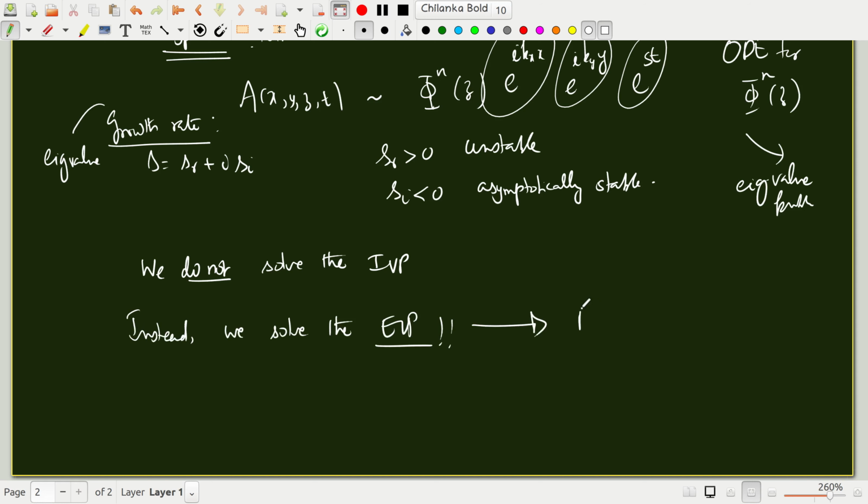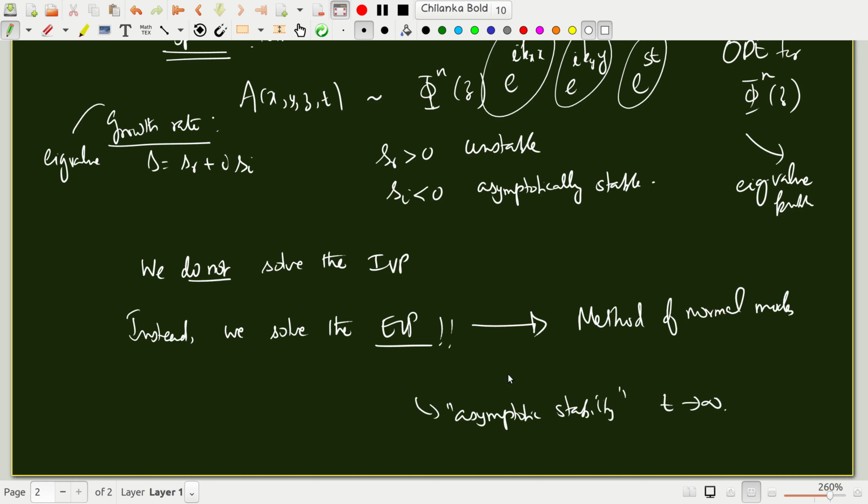This is called the method of normal modes. And the stability that we get out of this is called asymptotic stability, because it's valid only as t goes to infinity.